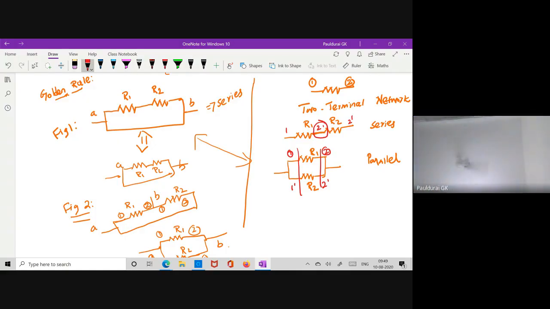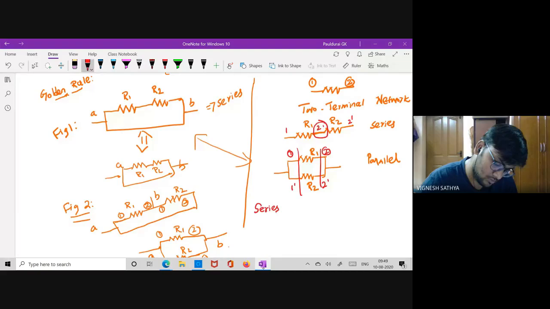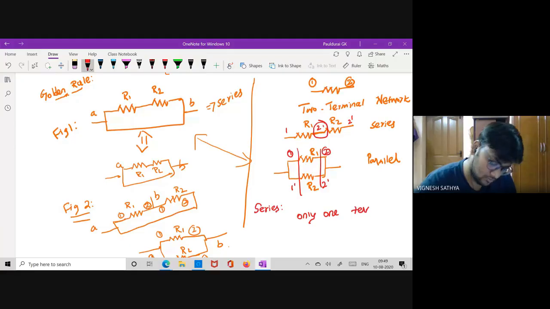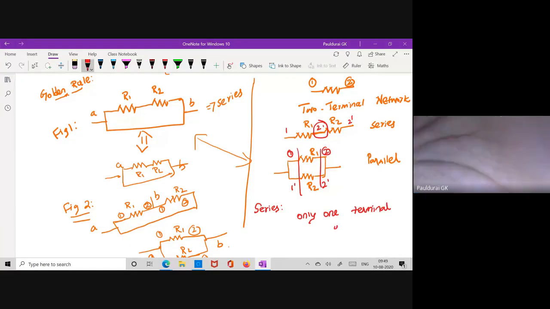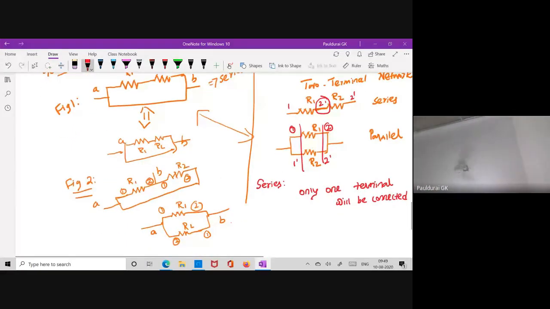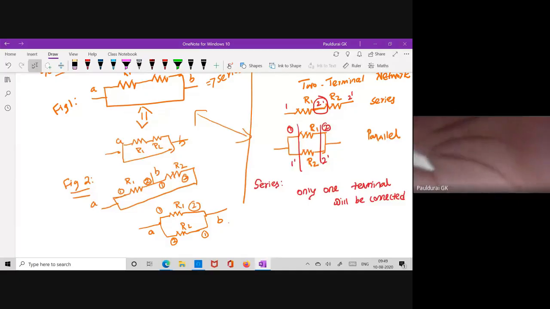So my golden rule for series and parallel connection: in series, only one terminal will be connected. Just write this rule. We will apply it when we solve problems, and at that time you will get more clarity.